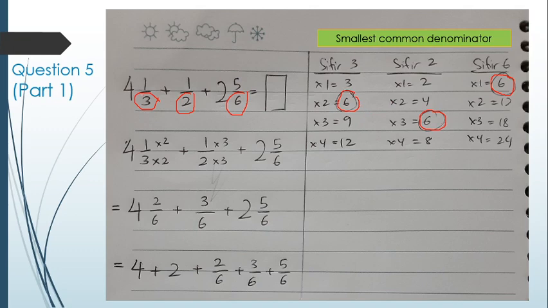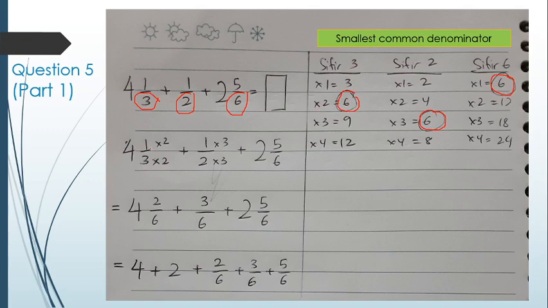So we want to change the denominator into 6. Okay, this one already 6, do not change it. So what you need to change is 3 and 2. So how to make 3 become 6? So 3 times 2, so 3 times 2.